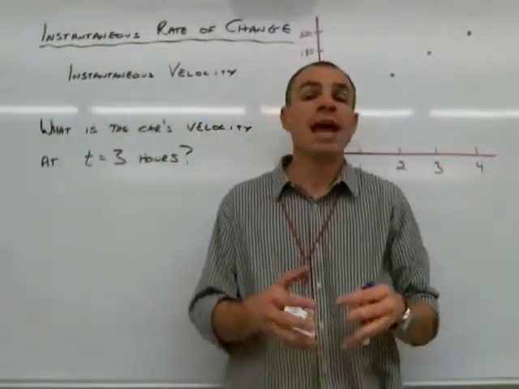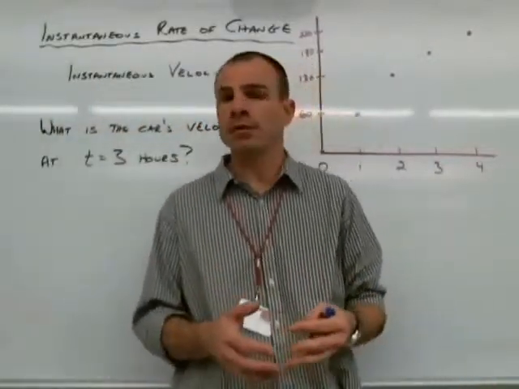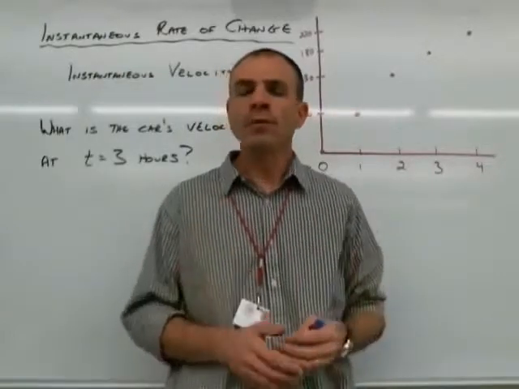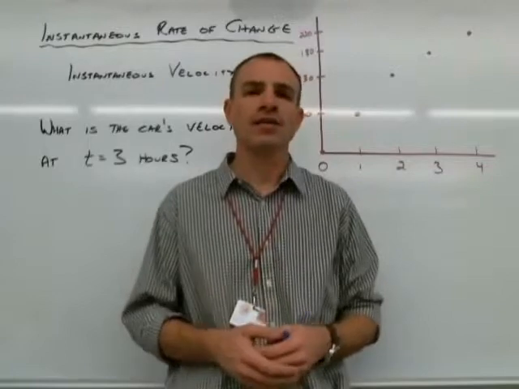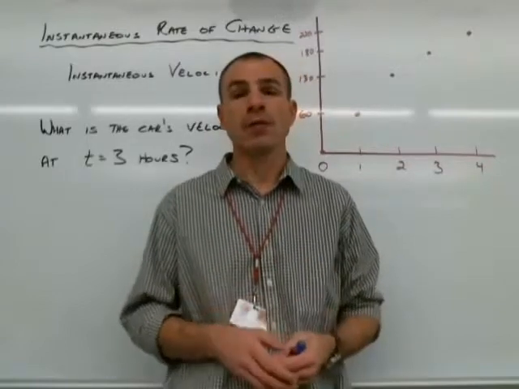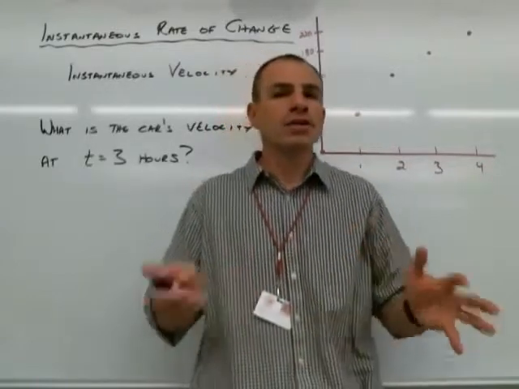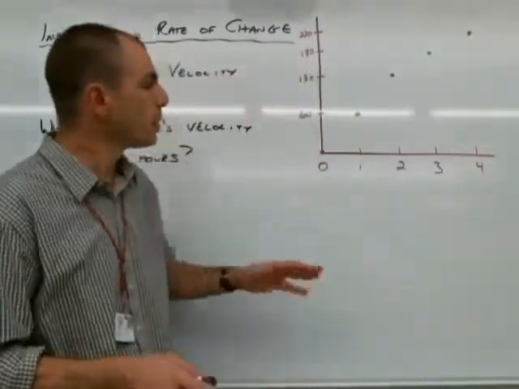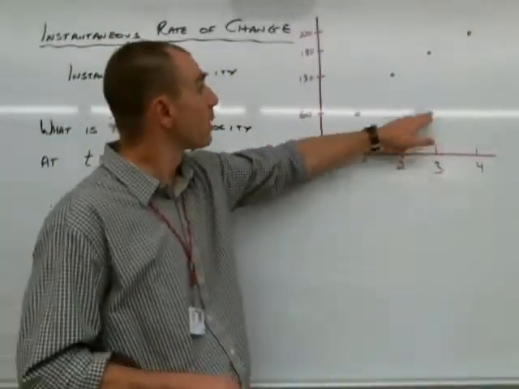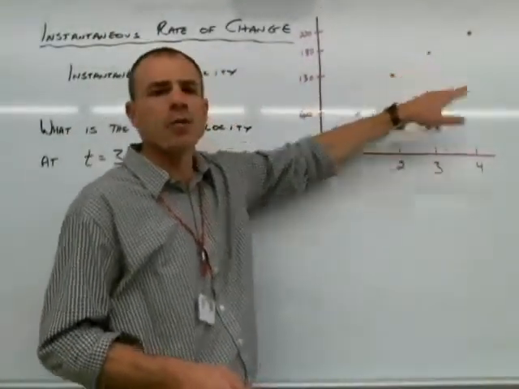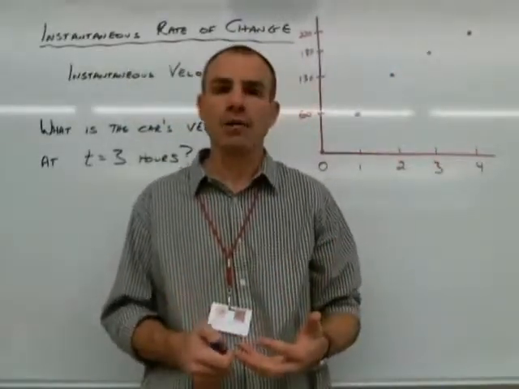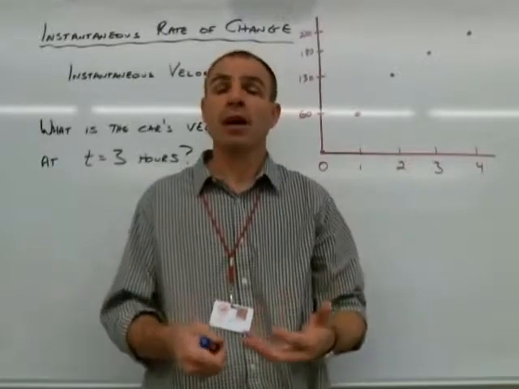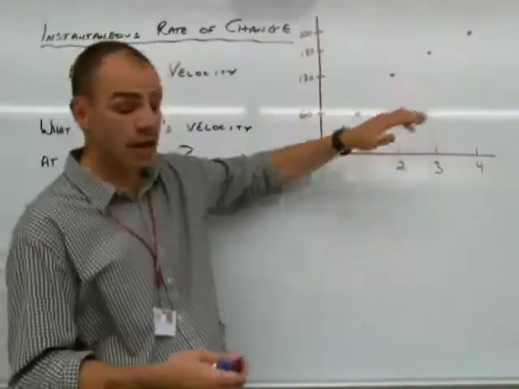Okay, so we don't have a velocity graph. We have a position graph, and we're trying to figure out what our velocity is at exactly the 3-hour mark. Right? So initially, people want to say, okay, well, let me go to the 3-hour mark. And if I go up, I see 180. Right? Well, it makes no sense that we were traveling 180 miles per hour at the 3-hour mark, which is true because this is not our velocity graph.